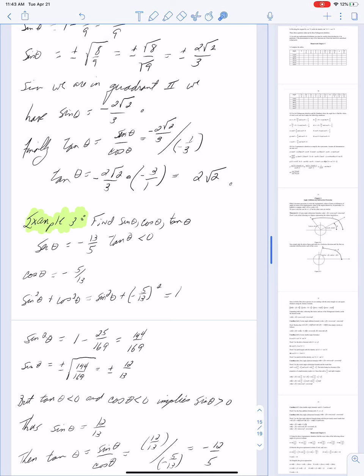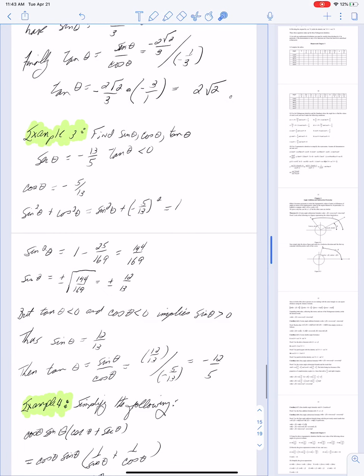So what's the sign? Well, algebraically, it's plus or minus the square root of 144 over 169, or plus or minus 12 over 13. But I've just argued that since tangent is negative and cosine is negative, sine has to be what? Positive. Therefore, sine is 12/13. What's tangent? Tangent is sine over cosine.